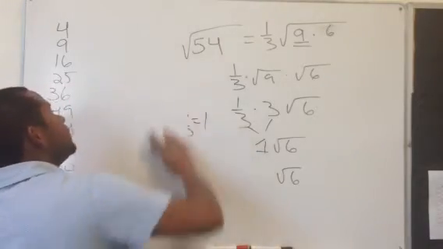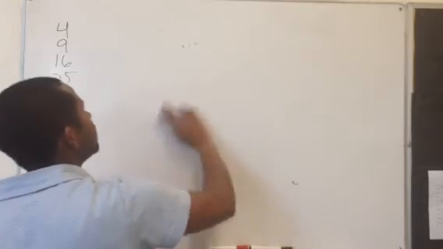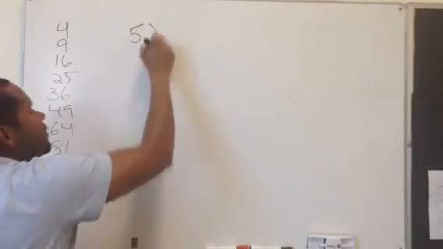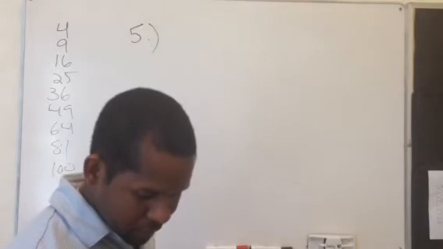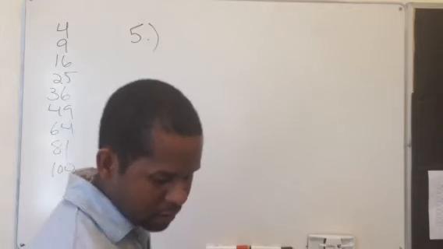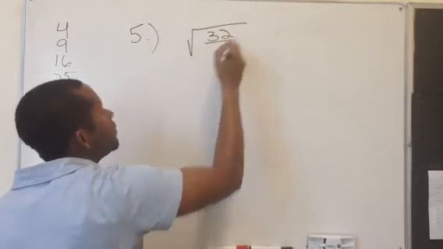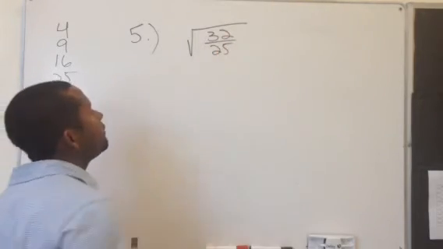The last problem. This is what we're going to work on next class, but I'm just going to throw it at you now so you've seen it. What is this, 5? I hope it's the 5th problem. It's going to say square root of 32 over 25.